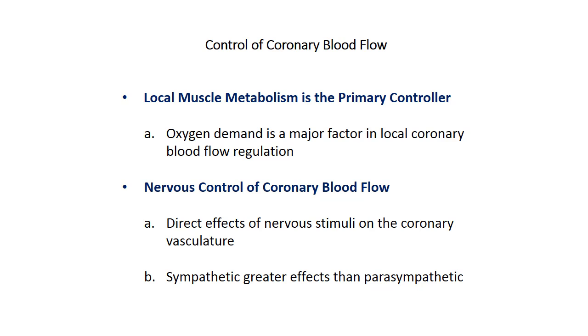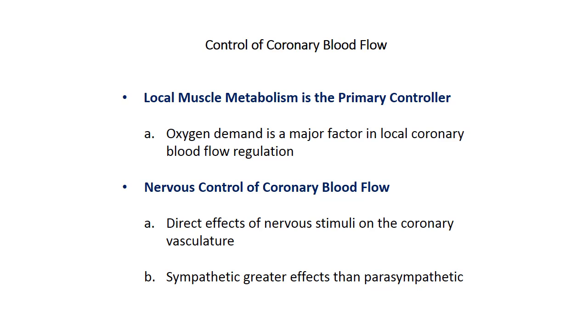How is coronary blood flow controlled? One is local control and the other is nervous system control. Local muscle metabolism is the primary controller for coronary blood flow, and the first and most important factor is oxygen demand, or a low concentration of oxygen in the muscle cells.